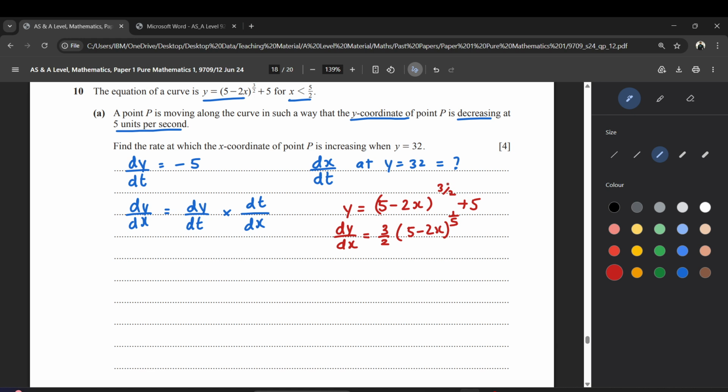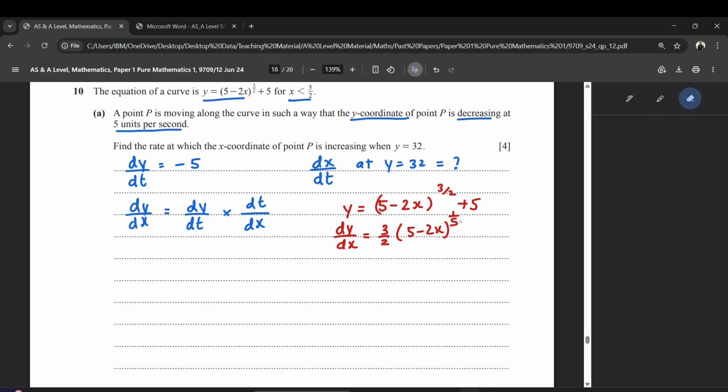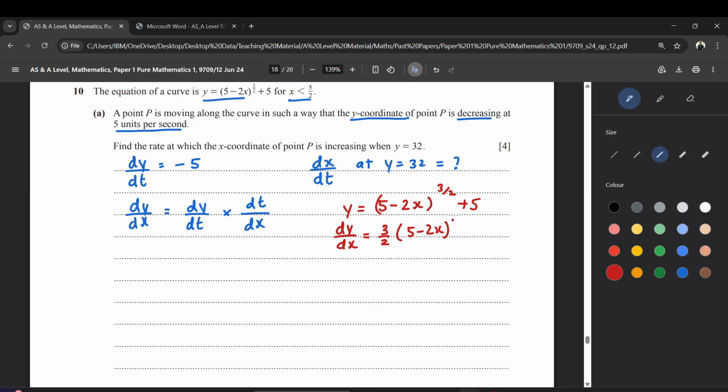We multiply the power, so 3 upon 2 multiplies over here, and then you subtract 1 from the power, so you will get 1 upon 2. The new power would be 1 upon 2, multiplied by the derivative of what's inside the function. The derivative of what's inside the bracket is minus 2, so we multiply it. As for this plus 5, this just becomes 0.